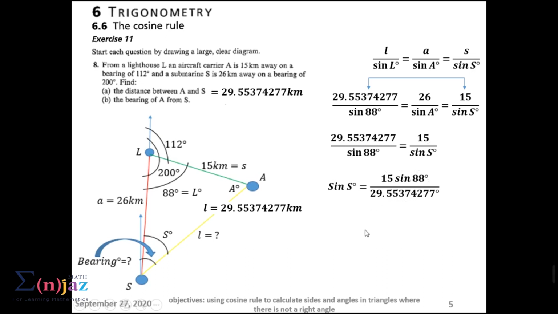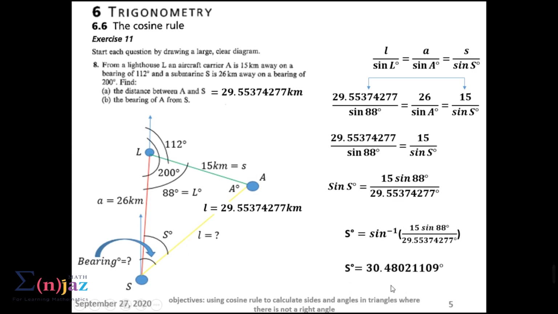Now, this is not ready to be inserted in the calculator because we are solving for S. And to solve for S, we're going to say S is equal to sine inverse of this fraction. Now, this is ready to be inserted in the calculator. And if you do so, S is going to come down to 30.5 degrees.